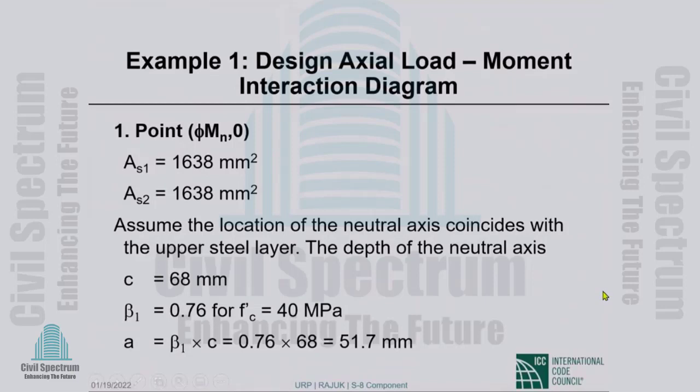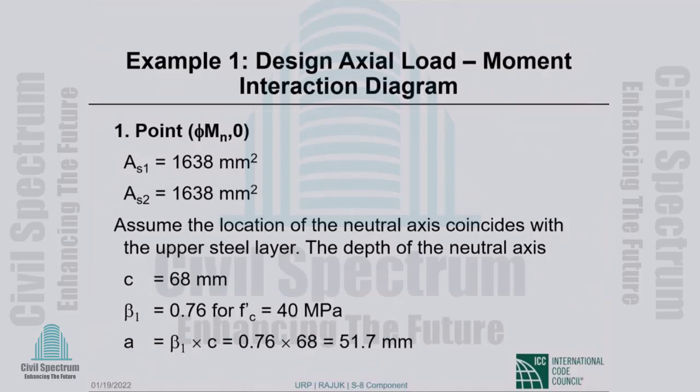The section is under bending, okay, no axial load. So c, we are assuming, is 68 millimeters. Beta sub 1 for 40 MPa concrete is 0.76.